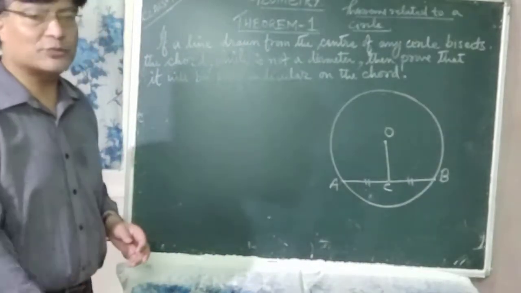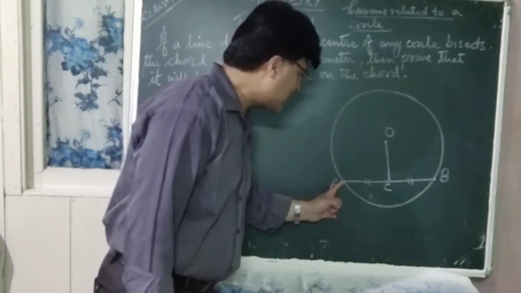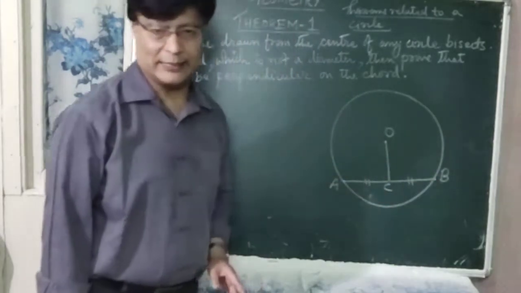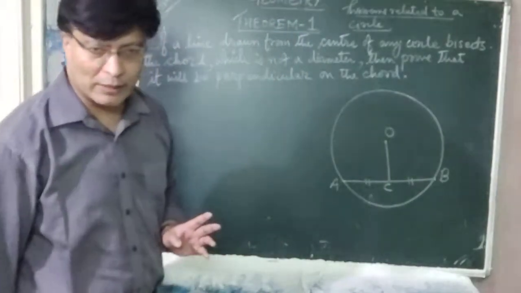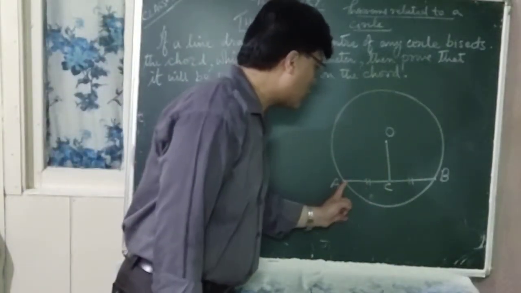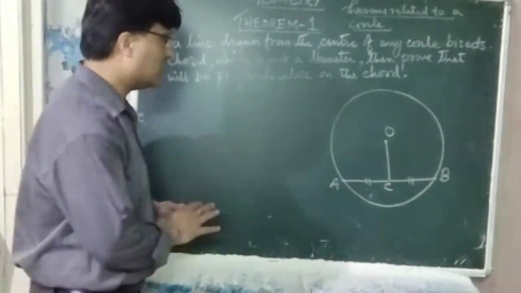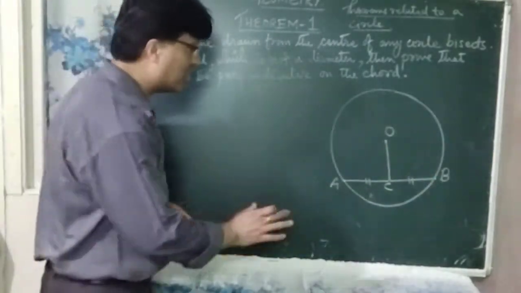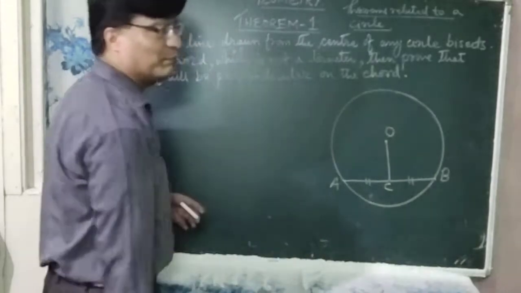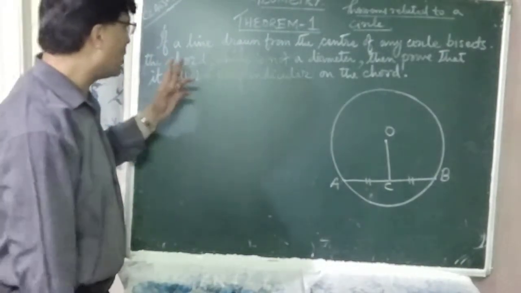So a line is drawn from the center O of the circle to bisect the chord AB at the point C. भनेपछि यो straight line जुन चाहिँ OC हामीले बनायौ अहिले भर्खर यसले चाहिँ यो chord AB लाई two equal parts मा divide गर्छ. भनेपछि this C is the midpoint of AB. भयो. किनभने यहाँ AC is equal to BC. बुझ्दै छैन सबैले यो?